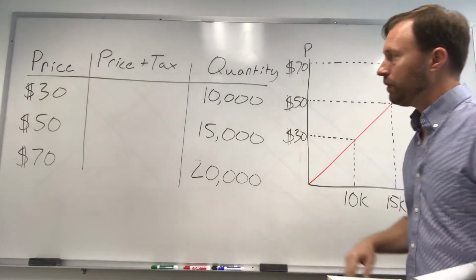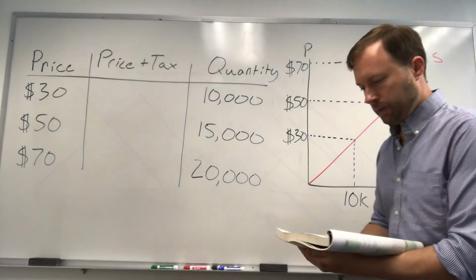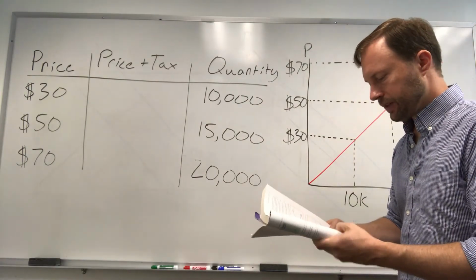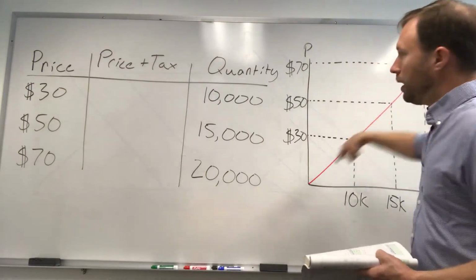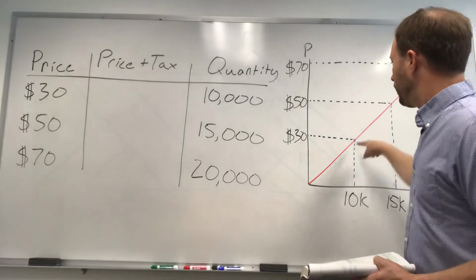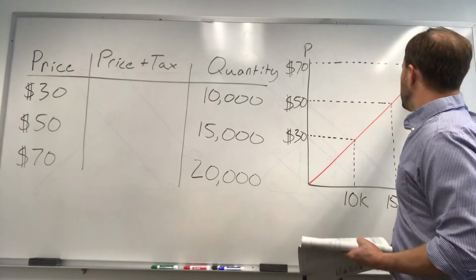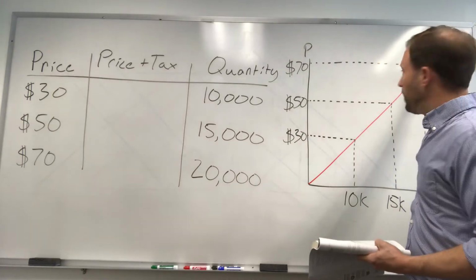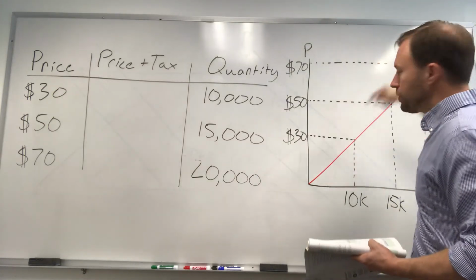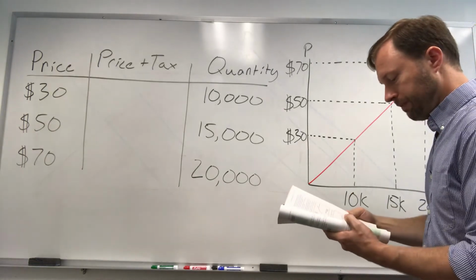I think they could have done this better, but that's the problem as it is given to us. So this graph just plots those points out: $30 and 10,000 pounds, $50 and 15,000 pounds, $70 and 20,000 pounds, and then a line is drawn through those 3 points.